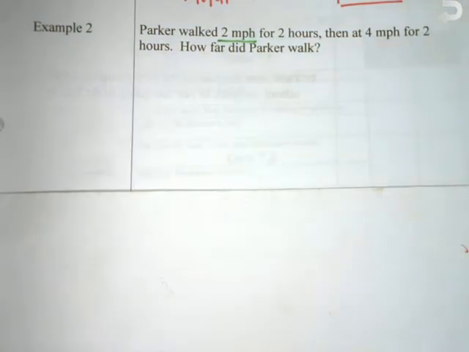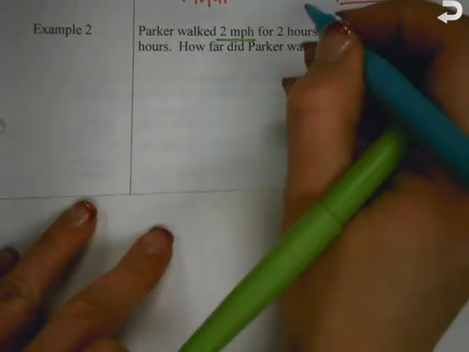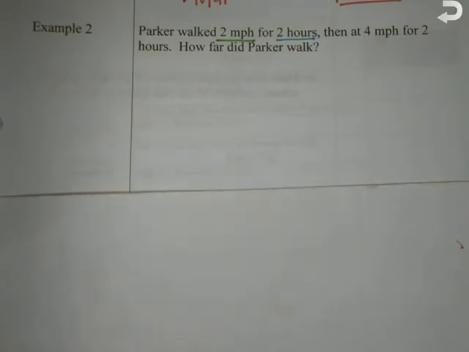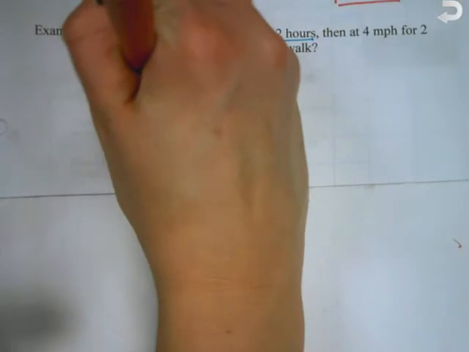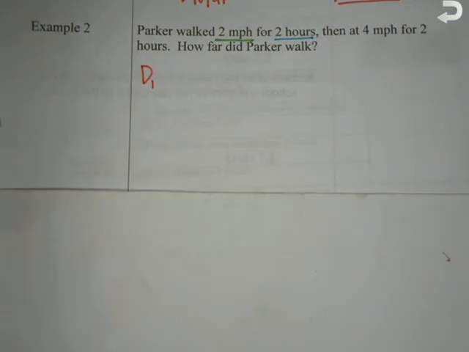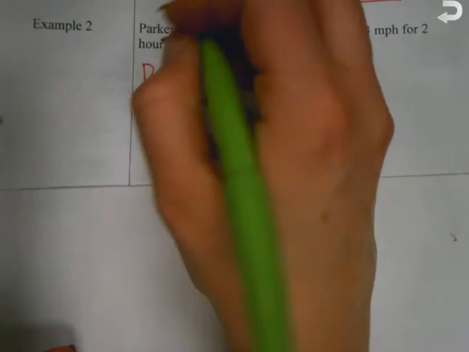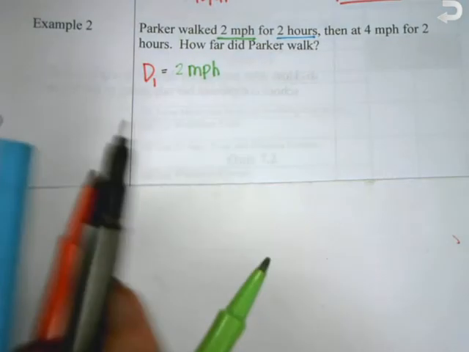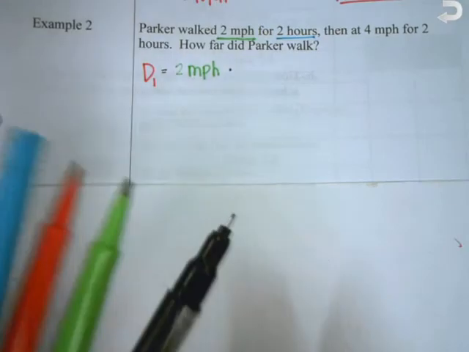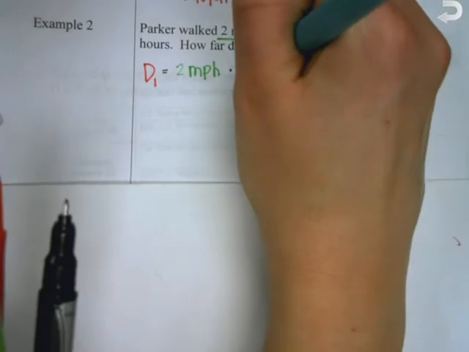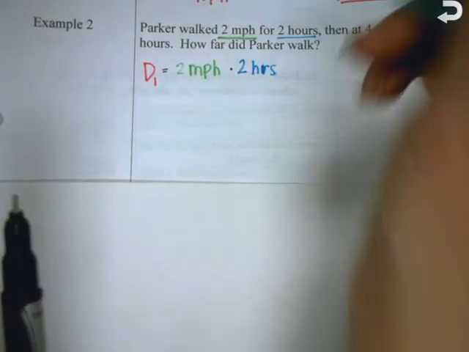So we need to find the first distance of his trip. Distance 1 equals 2 miles per hour times 2 hours, which means his first distance was 4 miles.